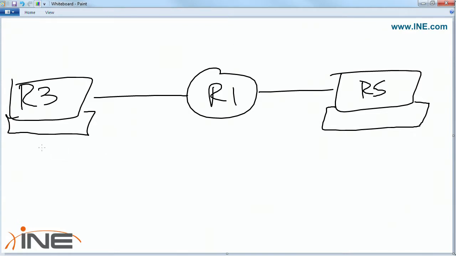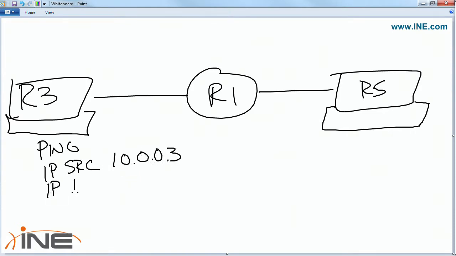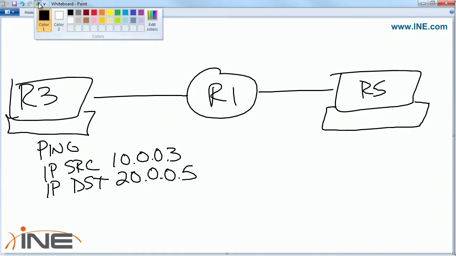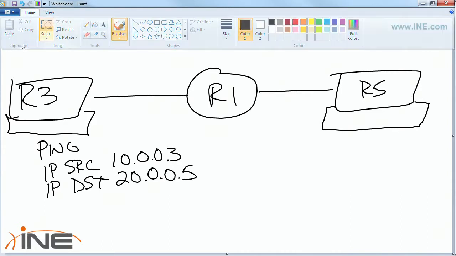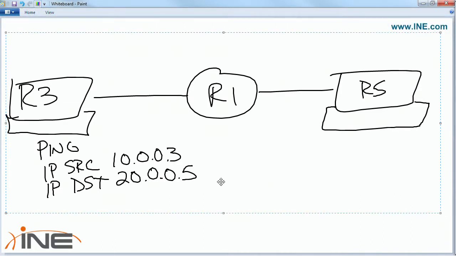So when 3 is sending this ping, it says that the IP source address is 10.0.0.3, the IP destination is 20.0.0.5, so it's going directly between 3 and 5.